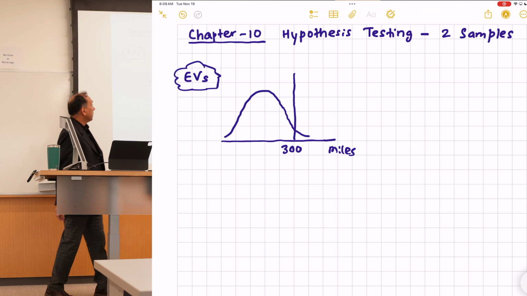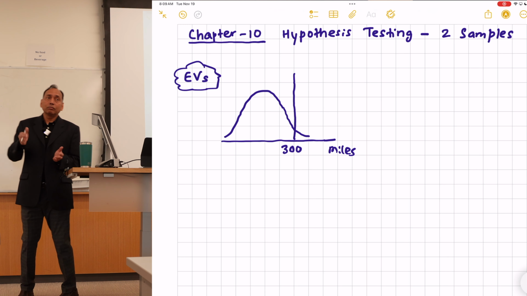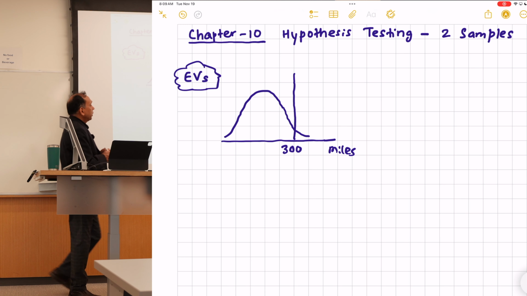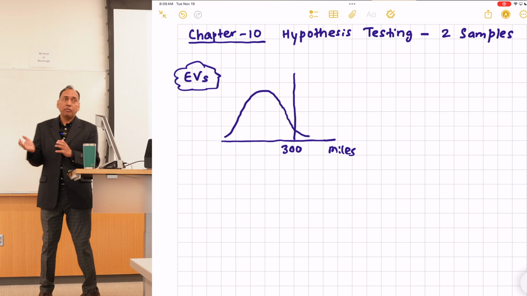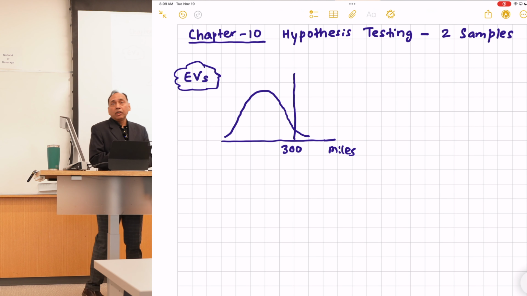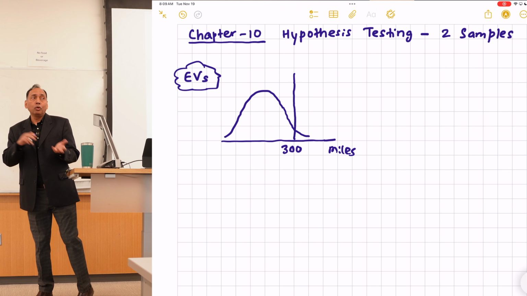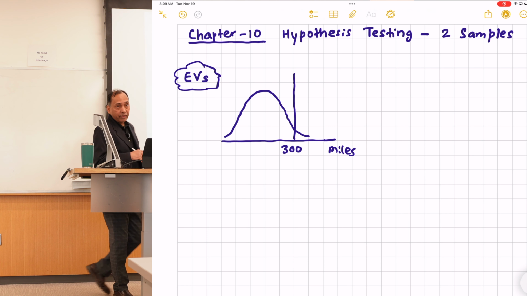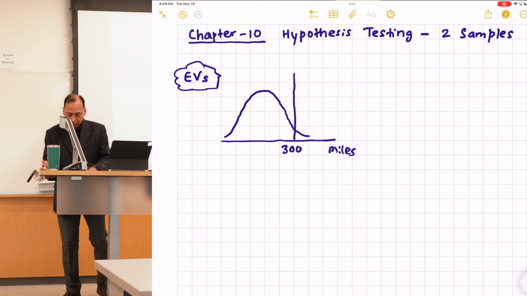You collect data maybe on 30, 40 or 50 EVs, or the same EV charging many times, and you get different mileages depending on many other factors, obviously, whether you are driving on highway or in city, is it hot, cold, temperature. All those things affect mileage. But it's a one sample test.